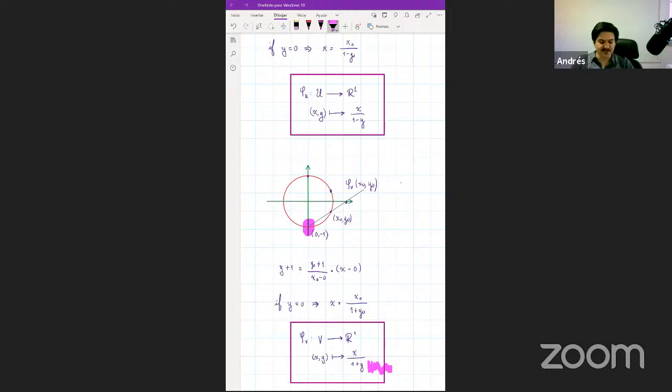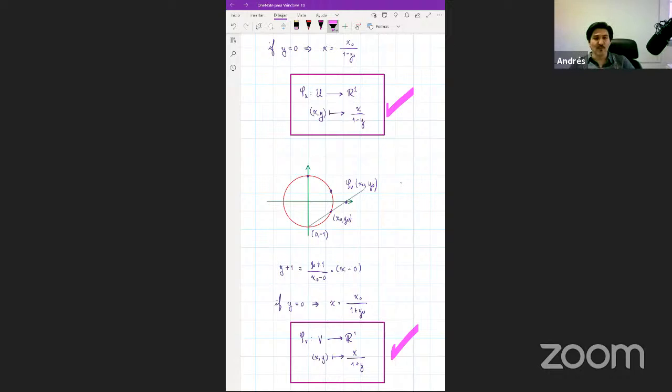It's not on V. So these are the two charts. Okay? So you have the two charts on the sphere. They cover the whole circle. U and V cover the whole circle.